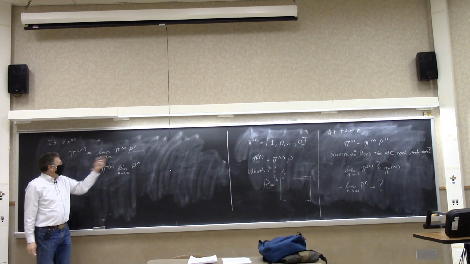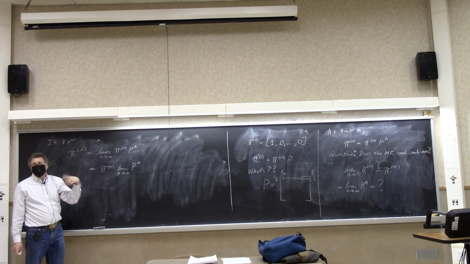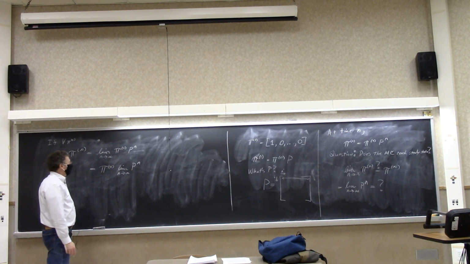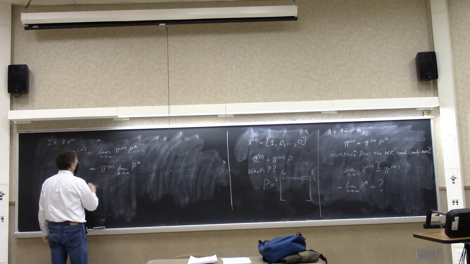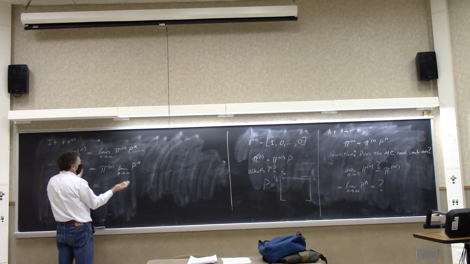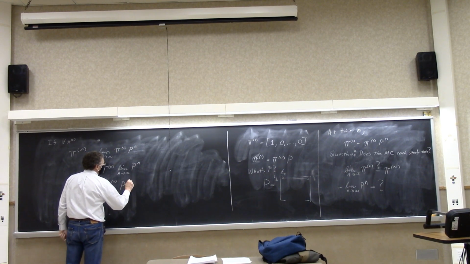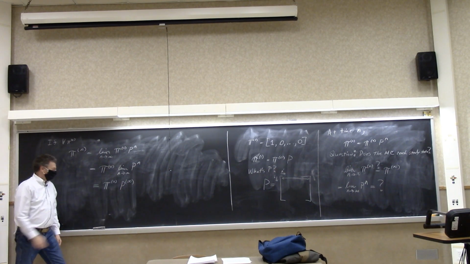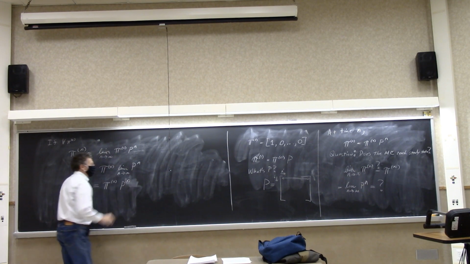I can exchange this sum and this limit. It's always true because it's a finite sum. So when a limit is finite, you can exchange it with the sum. You can prove that. And if that limit exists, then whatever it is, it's something, and that something we call P infinity.